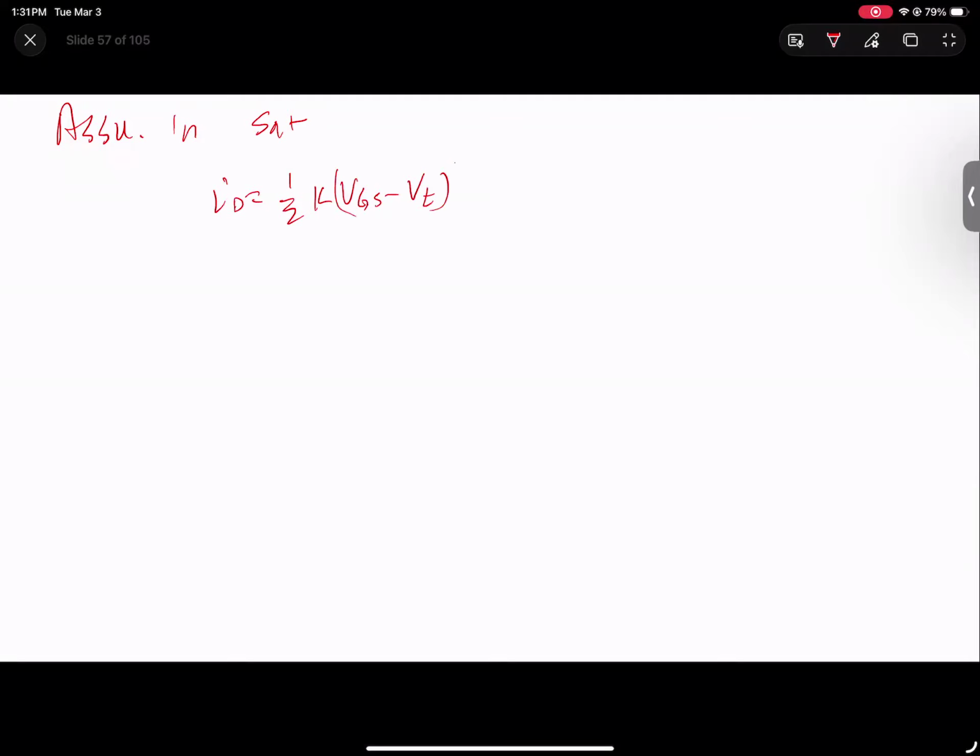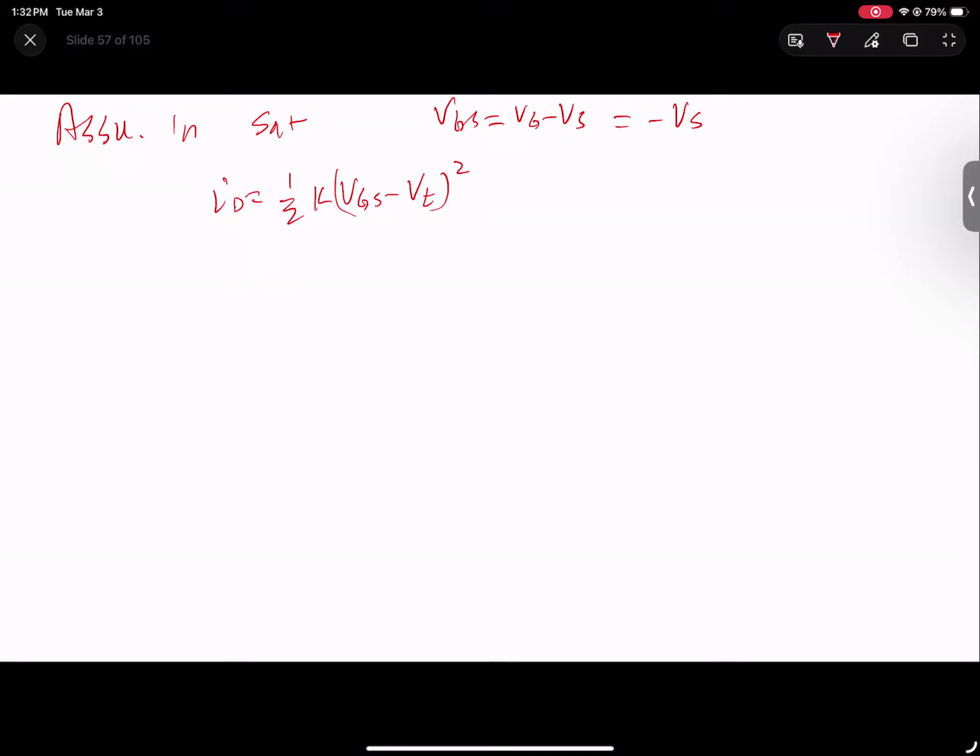Back to the description. Of course, you know that VGS is VG minus VS, and VG is 0. So VGS is equal to minus VS. Some people say VGS might be negative, or VGS will be positive.